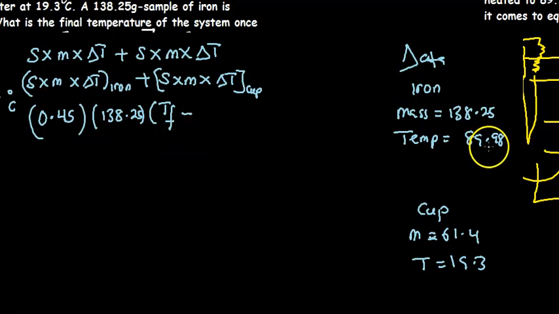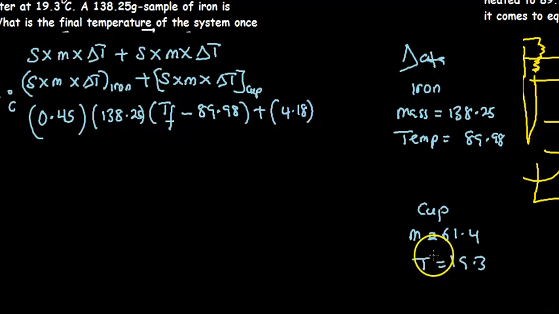So this is simply going to be TF minus 89.98, plus the specific heat capacity of water, which is constant, 4.18. What is the mass of water here in the coffee cup calorimeter? This is 61.4.